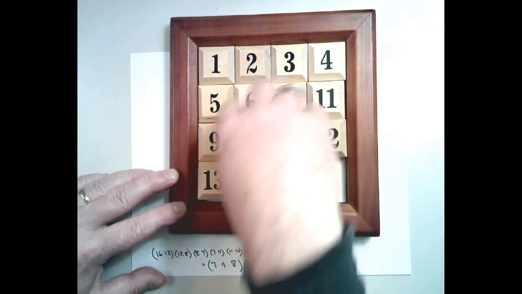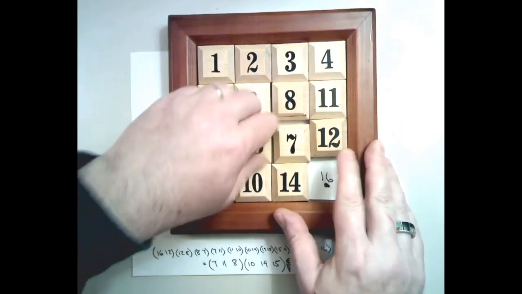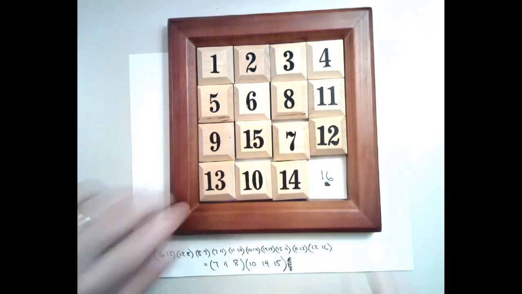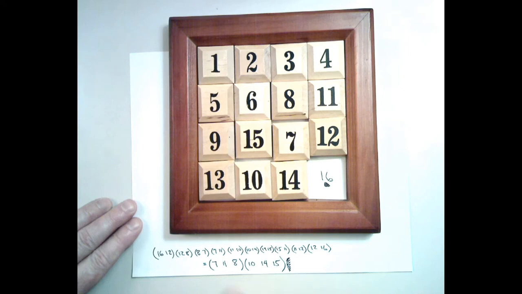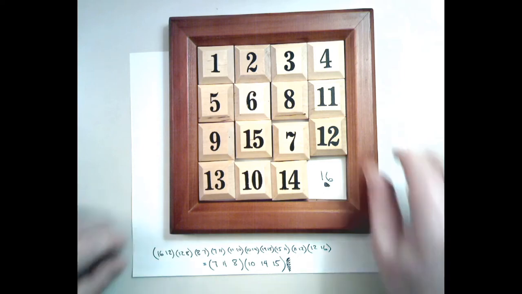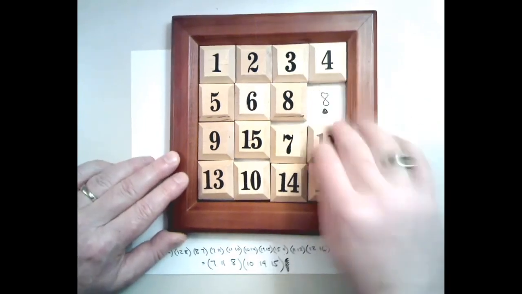And so that's how we can use products of transpositions to analyze what the final position of the board is going to be. Just multiply the transpositions together that indicated the moves that we made, and we can tell what the board looks like.